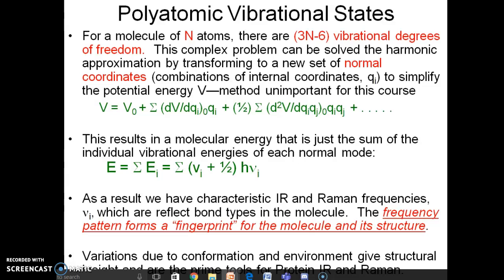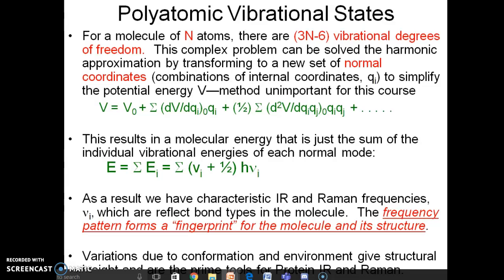For a molecule of n atoms, there are 3n minus 6 vibrational degrees of freedom. This complex problem can be solved using the harmonic approximation by transforming to a new set of normal coordinates, combinations of internal coordinates, which simplifies the potential energy; the method is unimportant for this course.